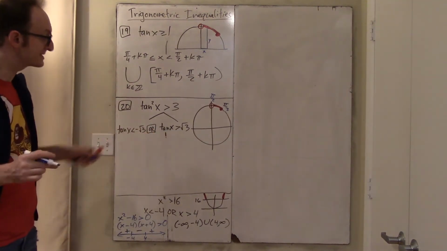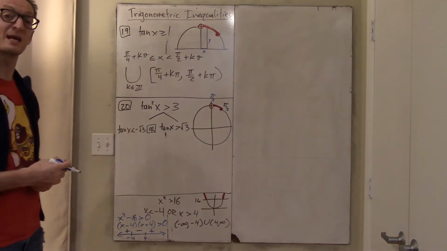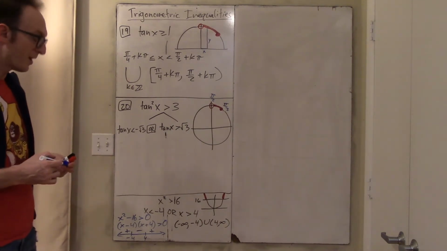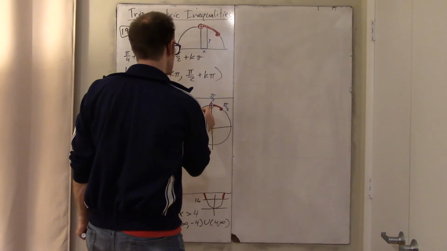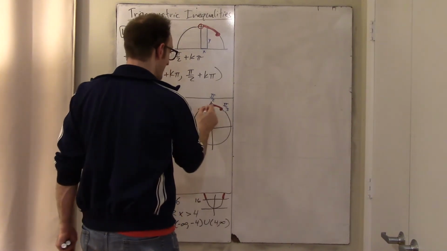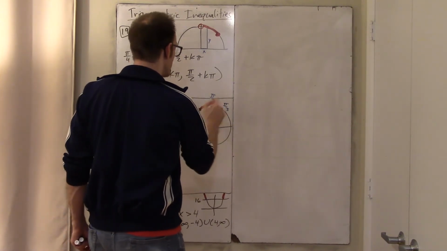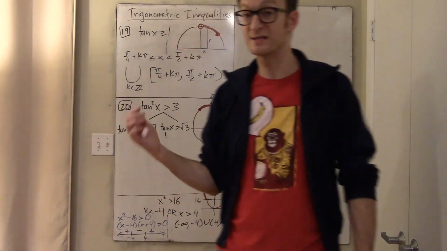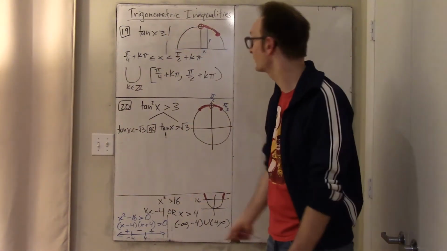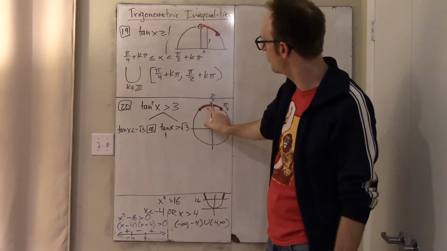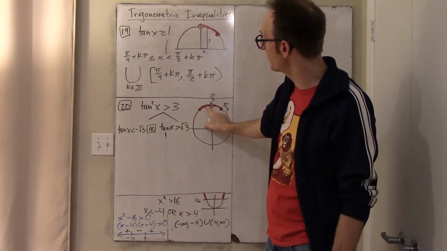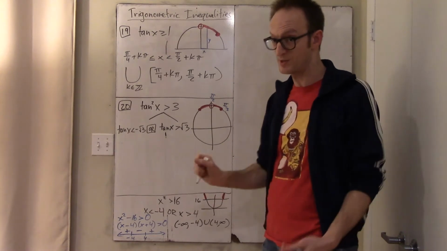So that's the solution to these kinds of problems. When is tan less than negative root 3? So when is it a large negative number? Maybe you have some good intuition on this, maybe you don't, but it's going to be all this. Tan is negative in the second quadrant, but when is tan a large negative? Tan is a large negative when, once again, the y coordinate is much bigger than the x coordinate.